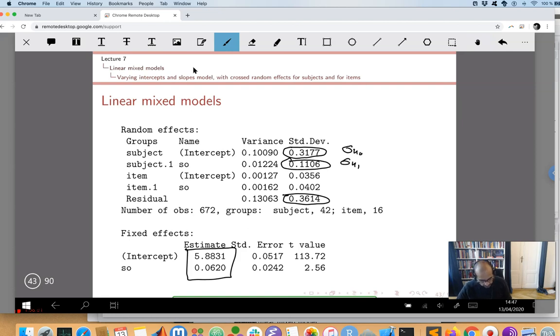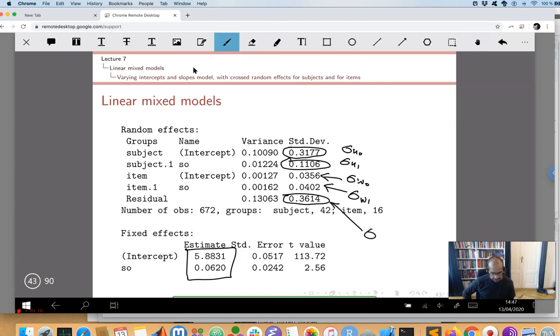So I'm going to have to give new names for the item adjustment standard deviation to the intercept and to the slope, right? So the intercept adjustment by items, I'm going to call sigma W0, and the slope adjustment by items I'm going to call sigma W1. Okay, so basically what we have now, this is sigma here, right?